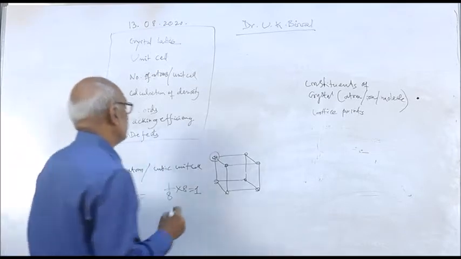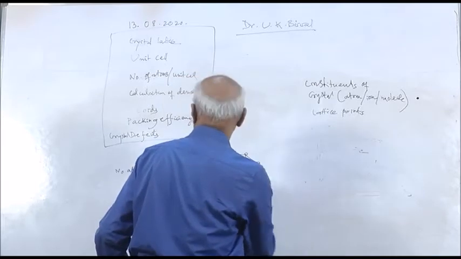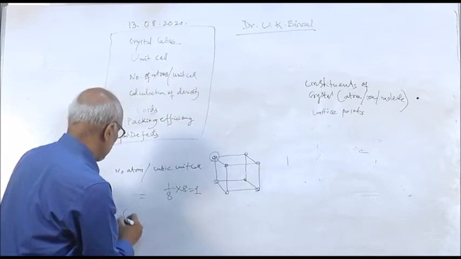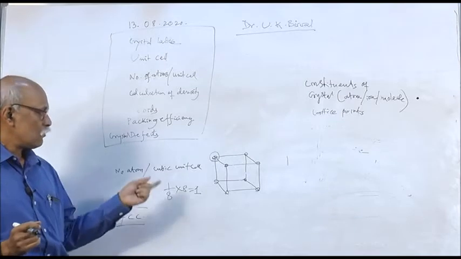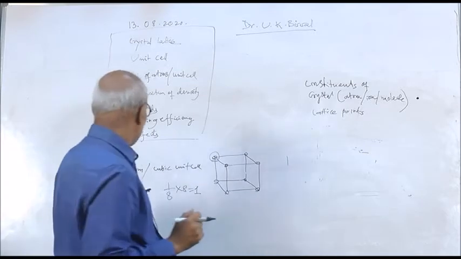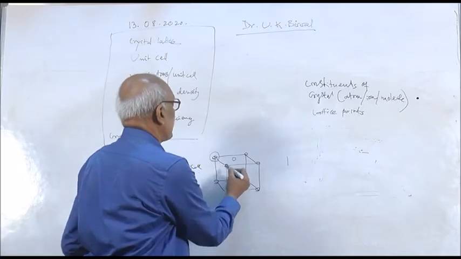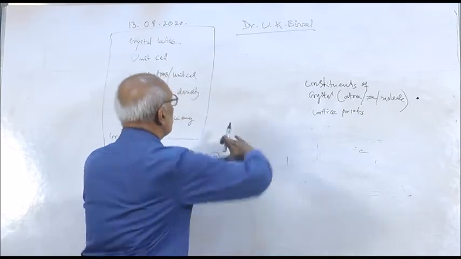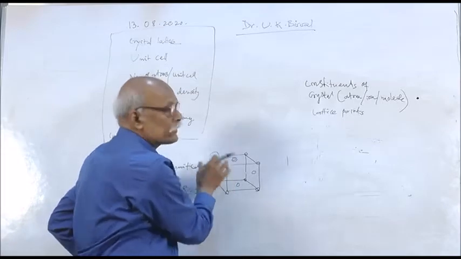Similarly, this is the simple cubic unit cell, then another, say face centered, suppose FCC, face centered cubic. If you are asked what is the number of atoms per unit cell, then how can you find out? In the FCC, you see, there are points on the 6 faces, and on each face, here is a cube, here is also a cube. So this point is shared by 2 cubes.